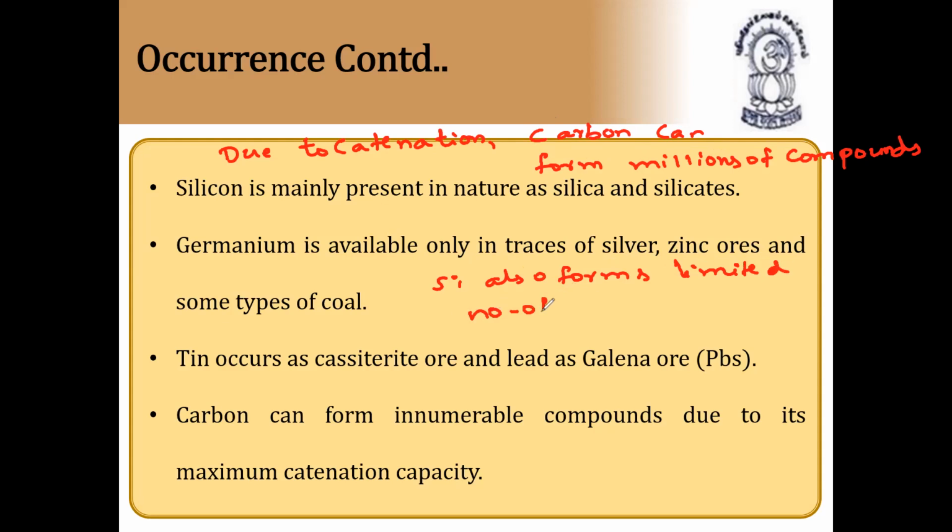This catenation capacity exists for carbon and silicon alone. The highest capacity is for carbon, next we have silicon in the entire periodic table.